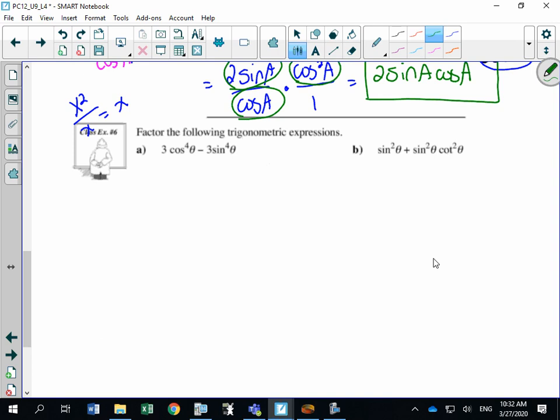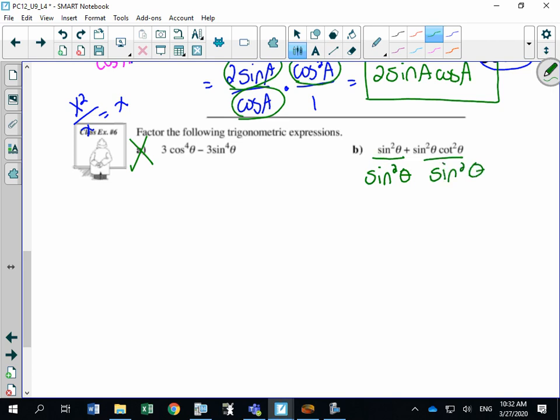Okay, last class examples, class example number 6. We do not need to do A. I'm not going to worry about that guy. Let's look at B. So sine squared theta plus sine squared theta over cotan squared theta. Factor the following trig expression. If I was to do this, from the left-hand side and the right-hand side, I could take out a sine squared theta.